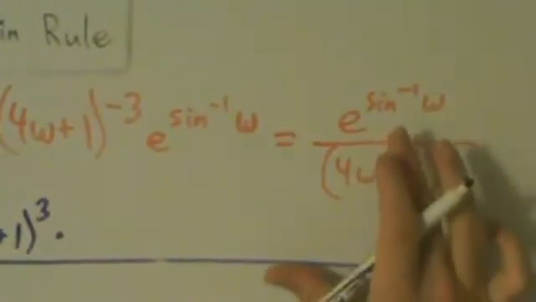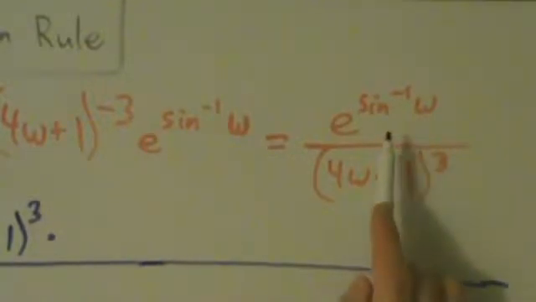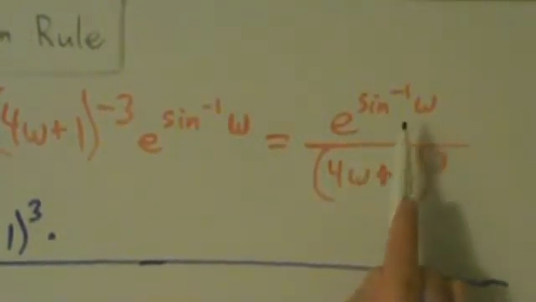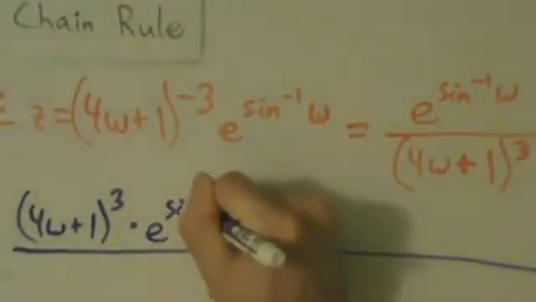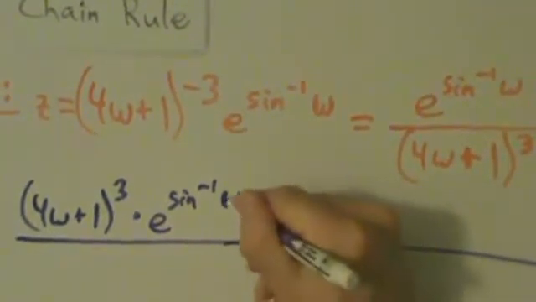So what's the top? It's e to the inverse sine of w. So we're taking the derivative of this. Remember, the derivative of e to a thing is just e to that thing times the derivative of that thing.